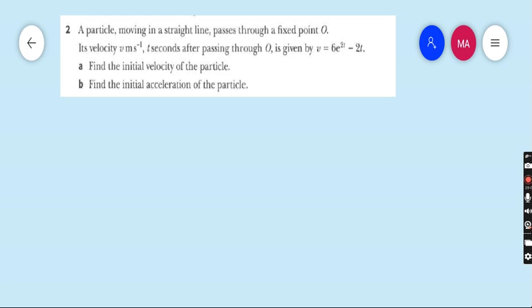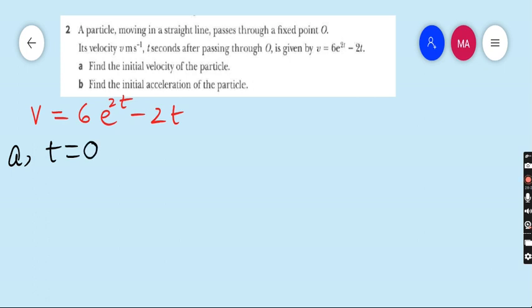Its velocity v meters per second, t seconds after passing through O, is given by v is equals to 6 e power 2t minus 2t. Part A. Find the initial velocity of the particle. So initial velocity means we have to put t is equals to 0.